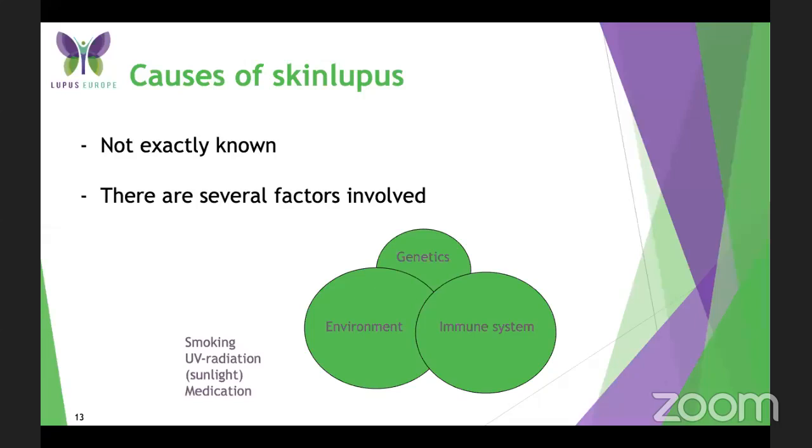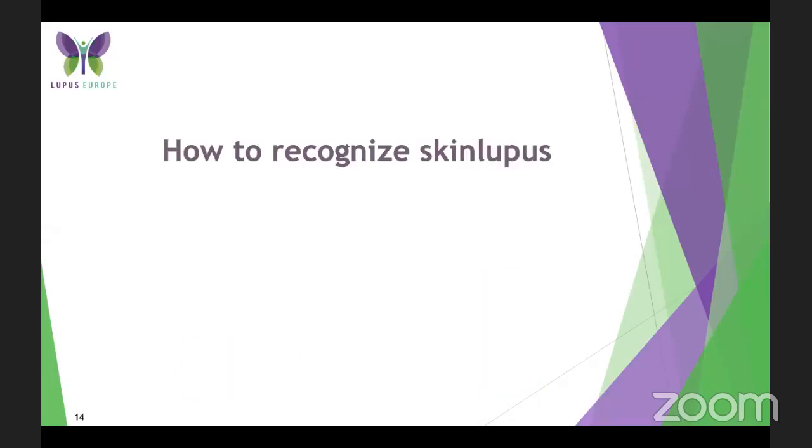Another factor is how your immune system is. And the third one is environmental factors, by which I mean, for example, smoking, sunlight, UV radiation, but also some medications may induce lupus. Next slide, please. If there are any questions, by the way, during my presentation, please feel free to ask.